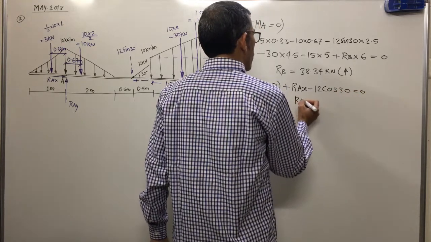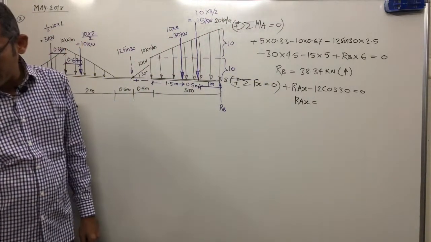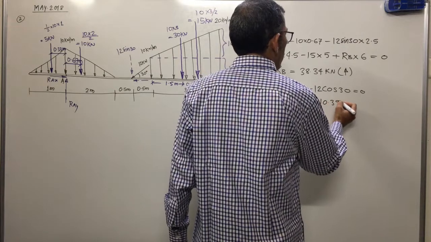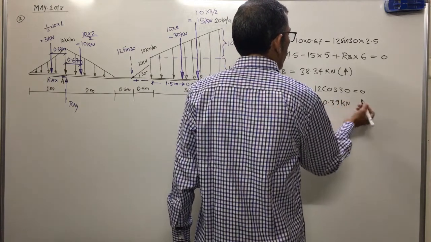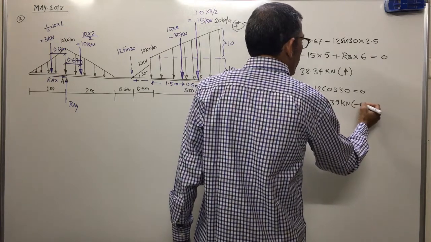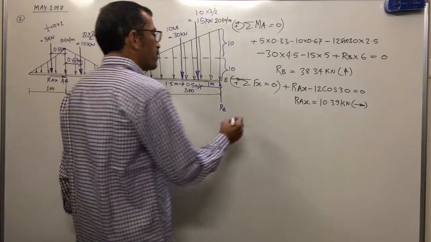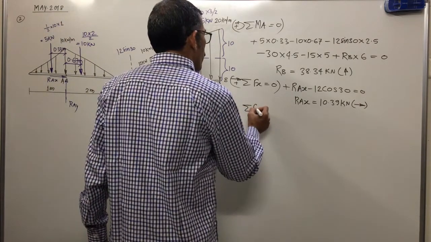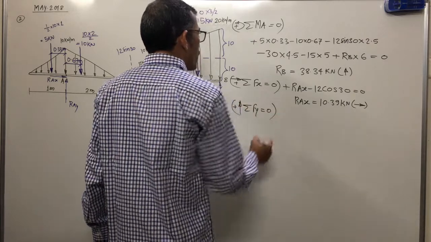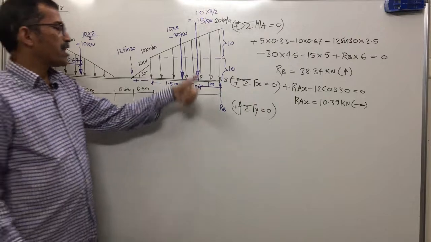So Rax comes out positive, 10.39 kilonewton, and the assumed direction is correct, meaning the reaction is rightward. Summation of Fy equal to 0, if you apply, now concentrate only on vertical forces. What are the vertical forces? Ray. Next is Rb, upward.